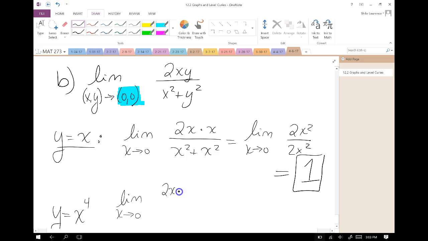So 2x times x to the 4th over x squared plus x to the 4th squared. So that's 2x to the 5th over x squared plus x to the 8th. And direct substitution gives 0 over 0, but we can do some algebra simplifying now.